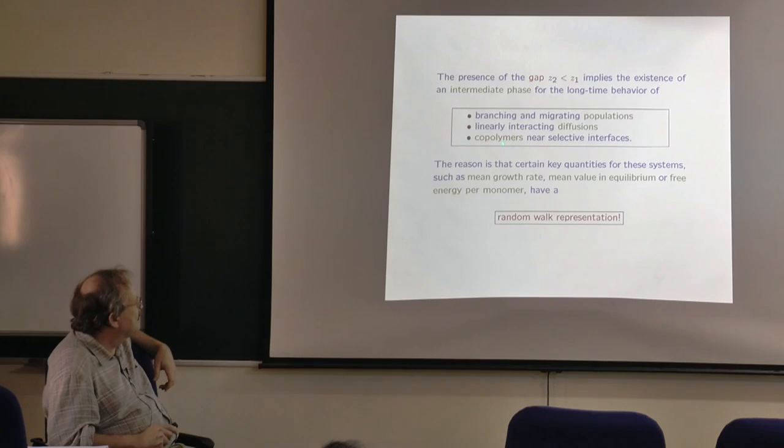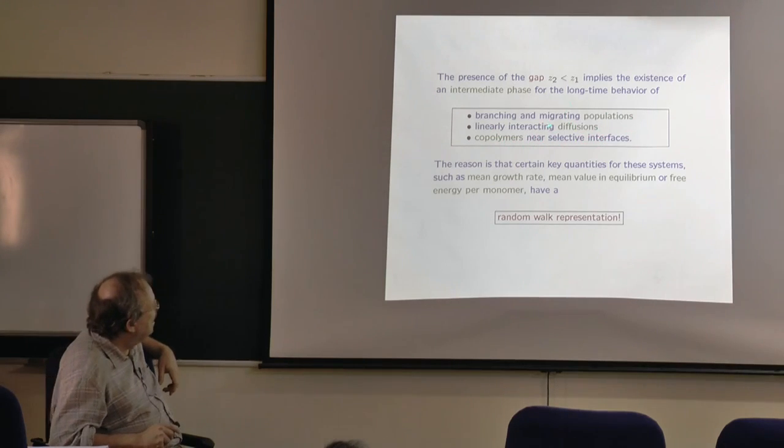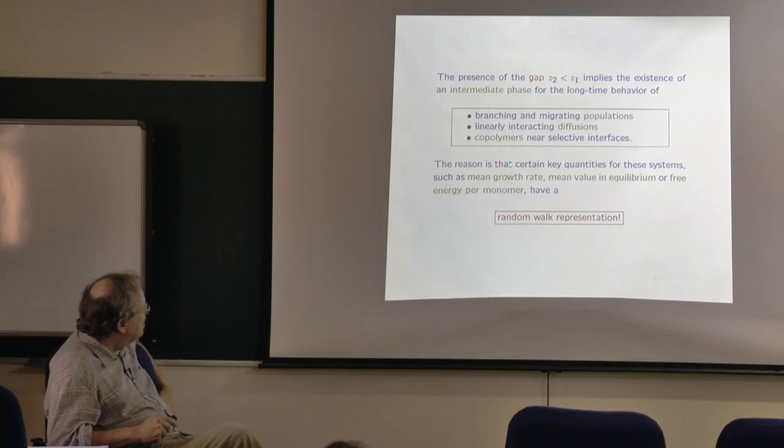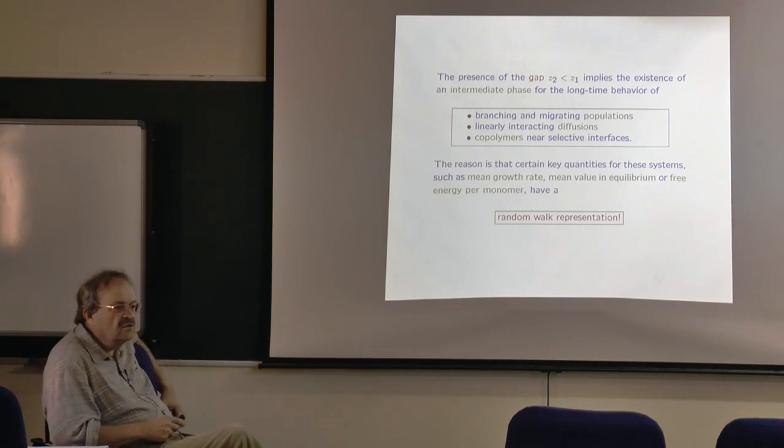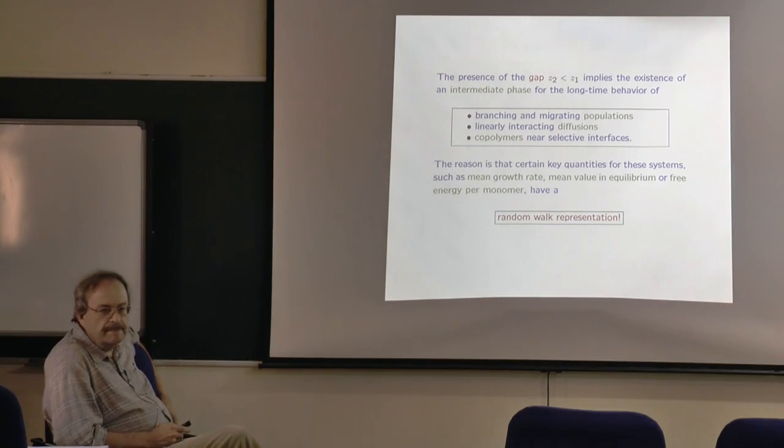Copolymers mean random polymers interacting with an interface. In each of these 3 models there is a certain key quantity that can be exactly captured by these 2 numbers, and the fact that there would be a gap between these numbers would imply that these 3 models have some very interesting phase transition.